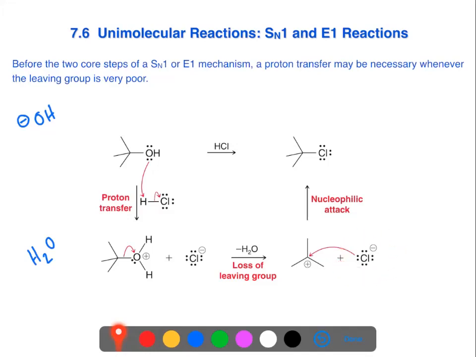The chloride ion is our nucleophilic species, and so it will undergo nucleophilic attack onto the carbocation to form tertiary butyl chloride. And so the main point of this particular slide is to show you that although this is the SN1 mechanism that we saw previously, we need to protonate the alcohol first so that we have a sufficiently good leaving group for carbocation formation to occur.